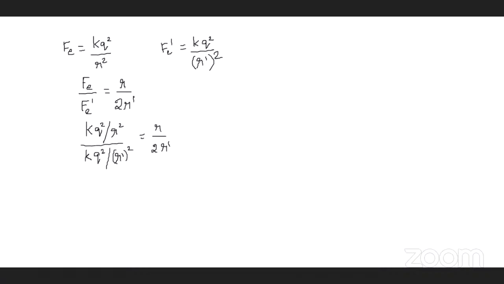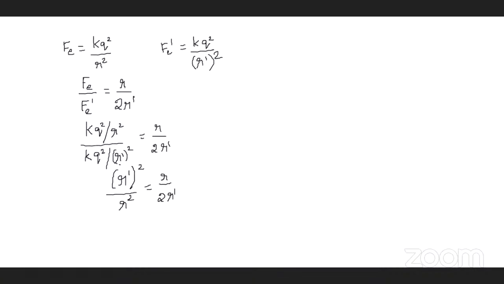Now this kq squared and kq squared will be cancelled out. And this r prime squared is in denominator of the denominator, so it will be taken to the numerator and this r squared will come to the denominator. So r prime squared divided by r squared equal to r by 2r prime.